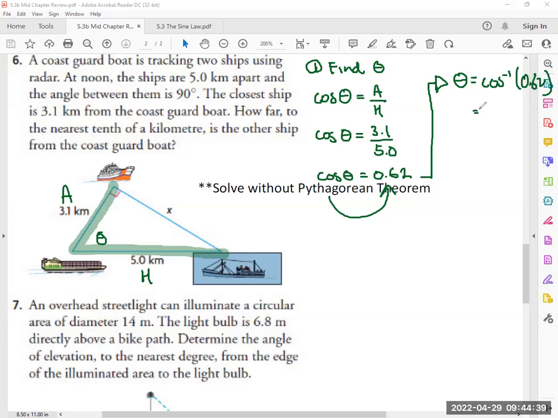And again, you can't solve this unless you have the calculator. And what you get is approximately 51.68. Let's be accurate here, round it, 51.684 degrees. So my theta, I will update the picture, is 51.684 degrees.